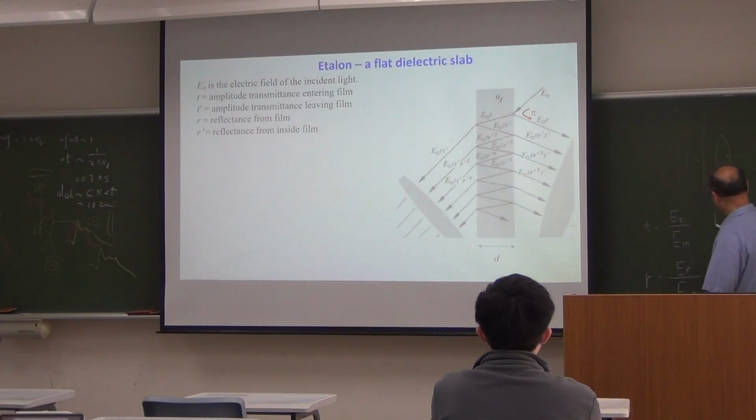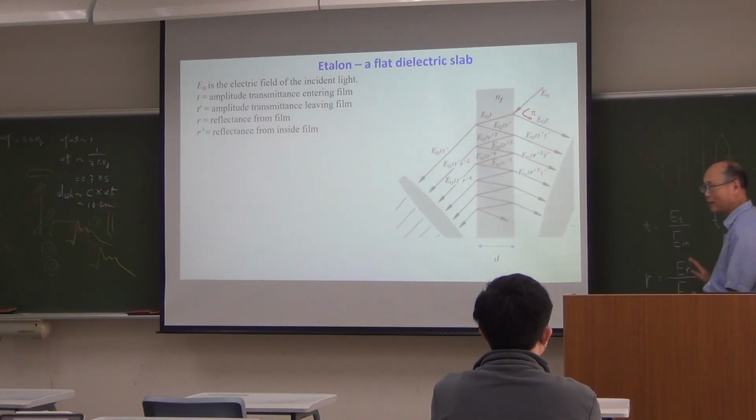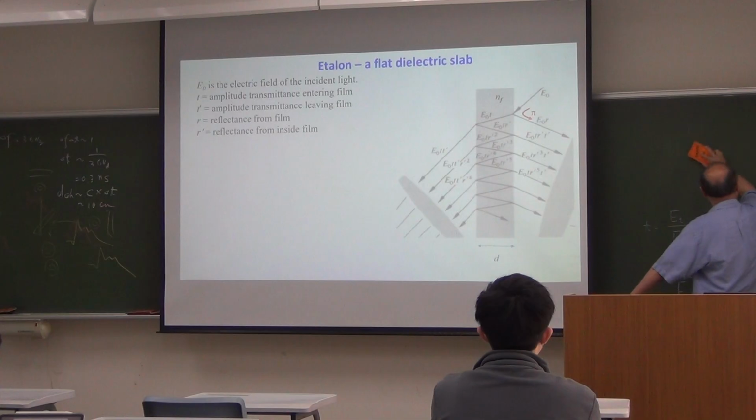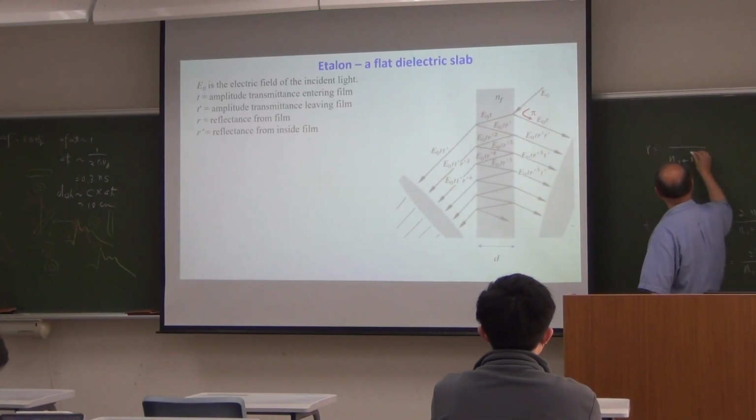So t is equal to 2n1 over (n1 plus nf). t prime is equal to 2nf over (n1 plus nf). t and t prime are different. Same thing when you have r. This is (n1 minus nf) over (n1 plus nf).